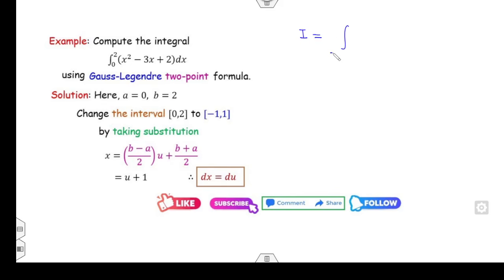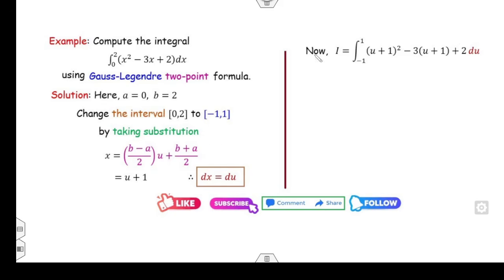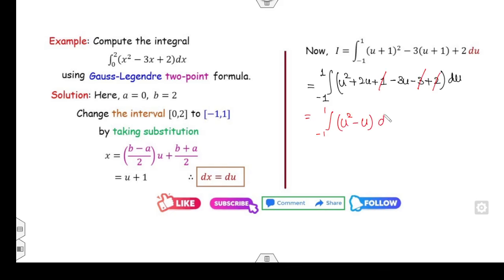Your integration becomes -1 to +1 of (u plus 1) square minus 3 times (u plus 1) plus 2, du. If you simplify a little bit, that is u square plus 2u plus 1 minus 3u minus 3 plus 2. Now you can see 2 plus 1 is 3, and 3 and 3 cancel. So that expression becomes u square minus u.